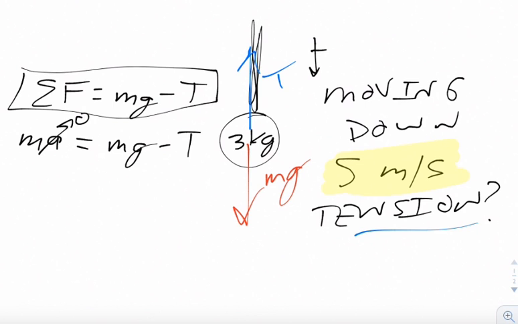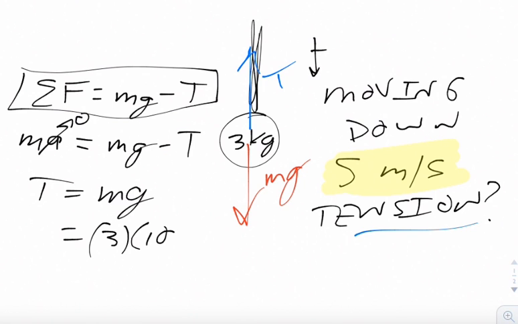And so if the acceleration is 0, then the forces acting are balanced, the net force is 0, and that shows me that T simply equals mg. Well, now that I have my unknown isolated, I'm going to substitute the known values, and so the mass is 3 kilograms, gravitational field strength near the surface of planet Earth is 10, and therefore mg is 30 newtons. So the tension in the rope is 30 newtons.